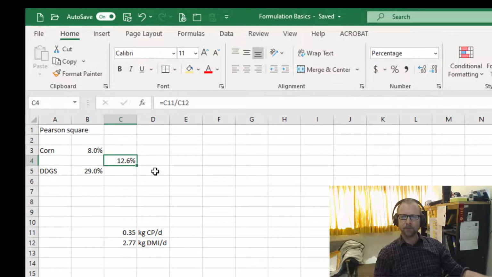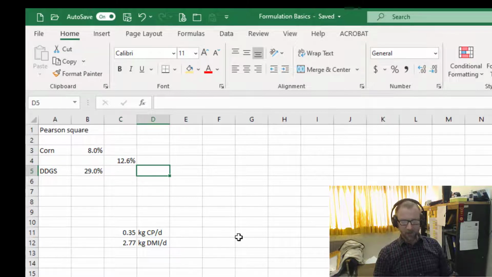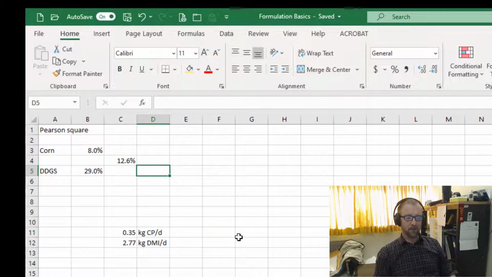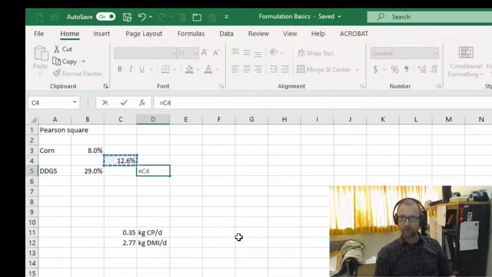The Pearson Square is basically a pictorial way of doing simple simultaneous equations. And so what I do is you do it always across, and it's absolute values that you use. So in this case, I'm going to say 12.6 minus 8 goes down here.